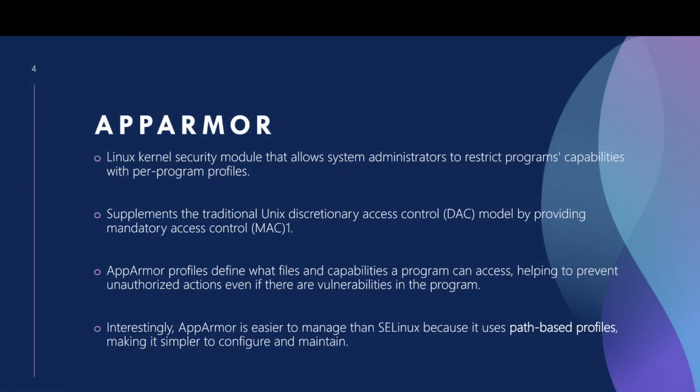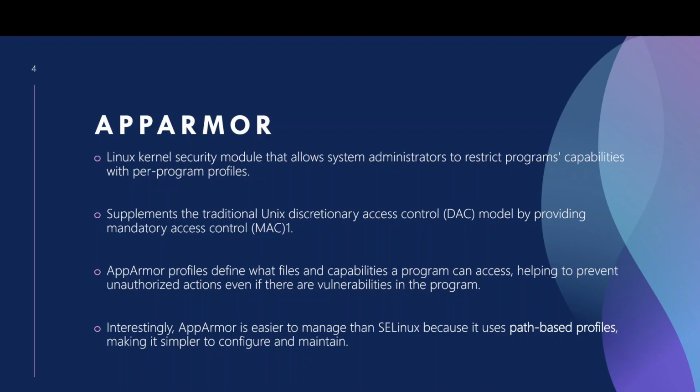First off, we've got AppArmor. AppArmor is a Linux kernel security module that allows system administrators to restrict programs' capabilities with per-program profiles. It supplements the traditional Unix discretionary access control, DAC model, by providing mandatory access control.